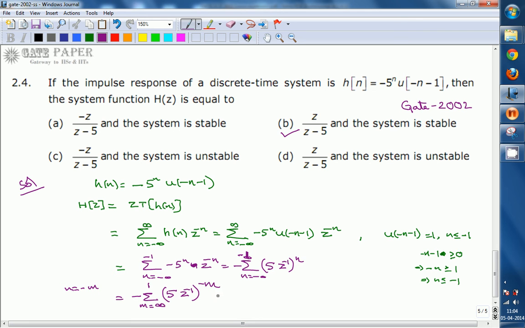Then this equals minus summation, and we can write the summation from 1 to infinity: minus summation m equals 1 to infinity of 5 z power minus 1 whole power minus m.